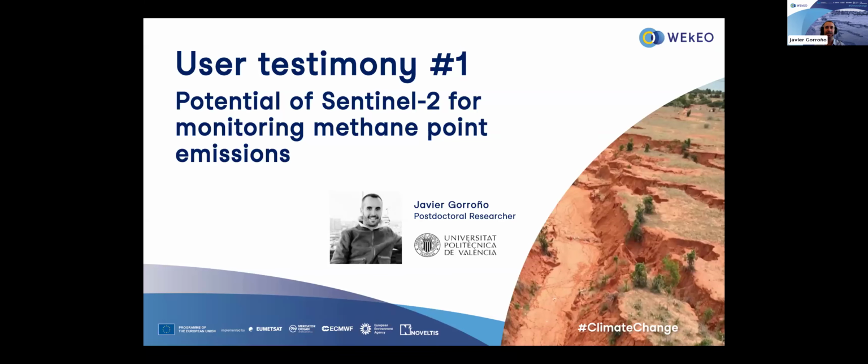I will go into the details of the methodology, the sites, and so on, and then I will end up with some examples and a very short example that you can do with the Copernicus browser. Very simple, but I think it shows the potential and the easy way to detect these emissions with these cloud platforms.